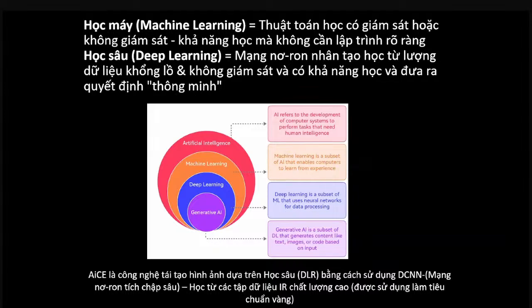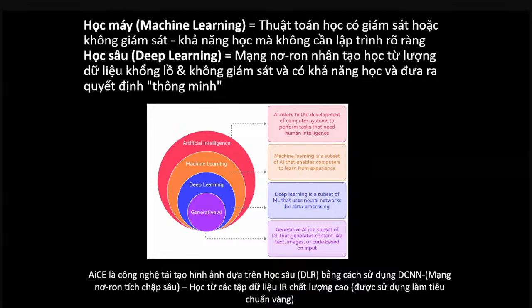Deep learning is a subset of machine learning that uses neural networks for data processing. Deep learning means there are artificial neural networks that are programmed to learn from very large amounts of data and are unsupervised and able to learn and take so-called intelligent decisions.